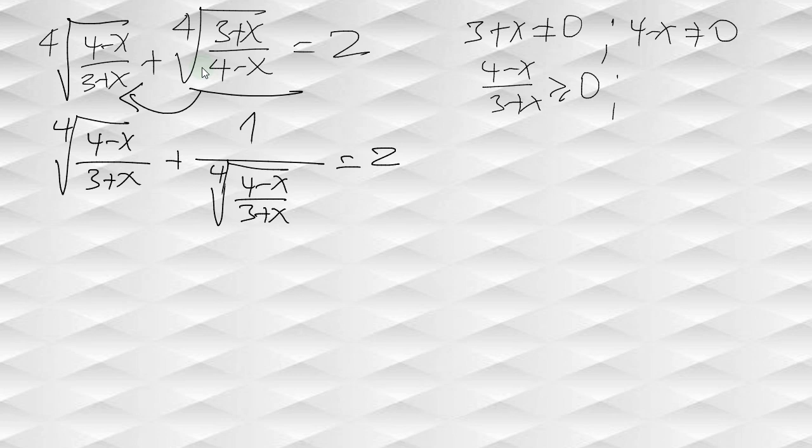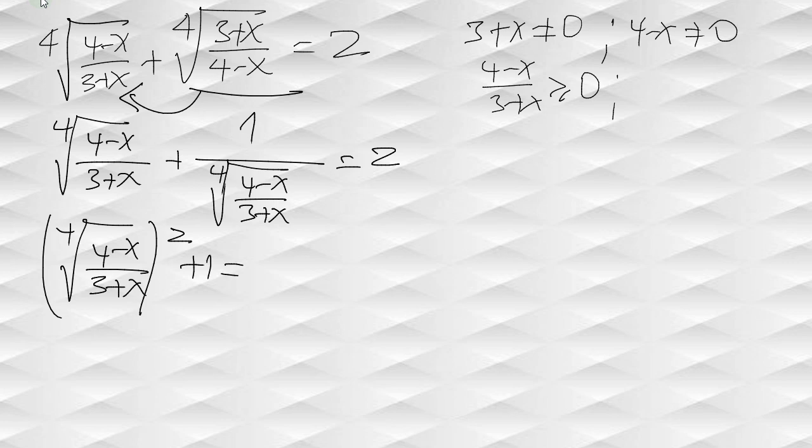So what we do now is find the common denominator. So we're gonna have the 4th root of 4 minus x over 3 plus x, squared, plus 1, and then this equals 2 times the 4th root of 4 minus x over 3 plus x.